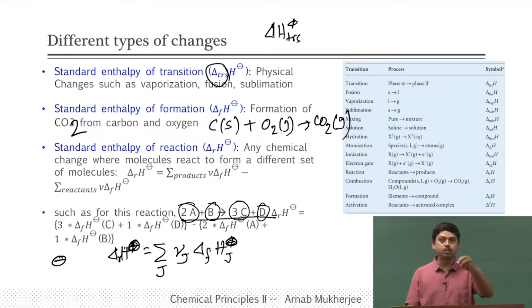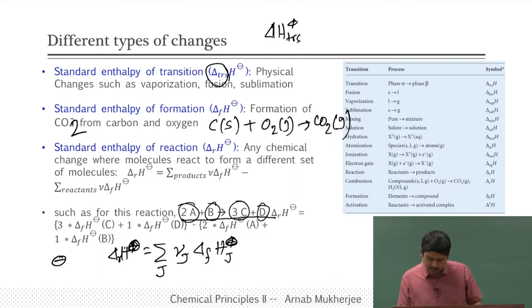For example, if you put some sugar in water, it will dissolve, so there will be an enthalpy change associated with that as well. For the protein and other things we showed binding enthalpies and conformational enthalpies, those are also there. So, for any process you can think of, for example hydration, something going from the gas state to the aqueous state, or sodium hydroxide, let us say going from the solid state to the aqueous state.